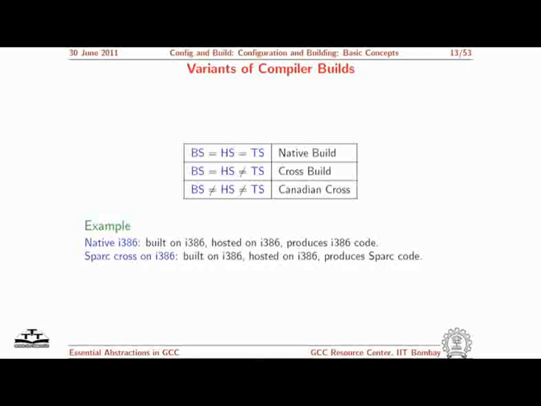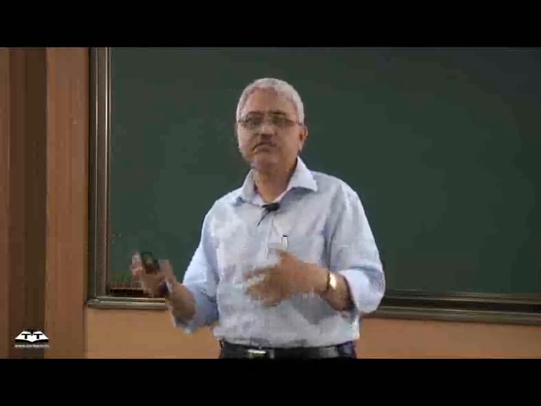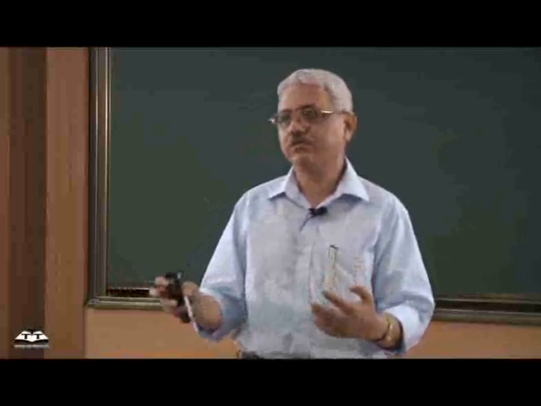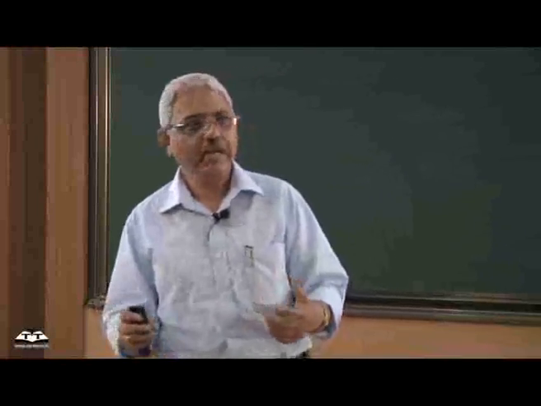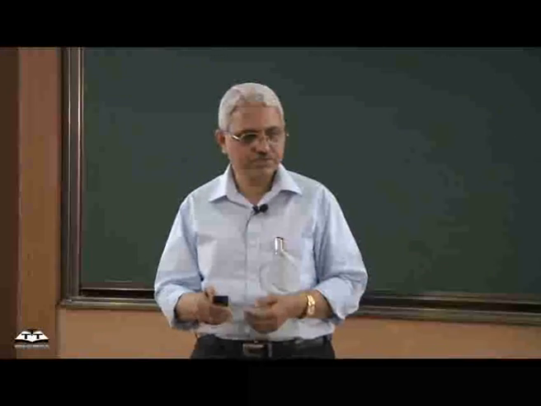It's possible that I might want to build a compiler on this machine and run the compiler on this machine, but I may want it to generate code which I want to download on my cell phone. It's possible, right? So we have build and host systems that are the same, but we have a target system that's different. That's called a cross compiler. Okay? And when all three of them are different, it's called a Canadian cross.